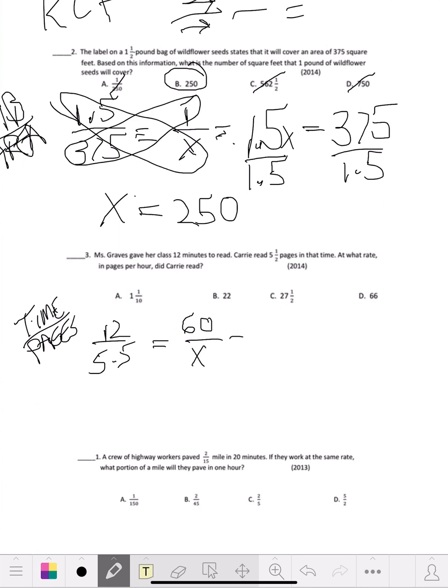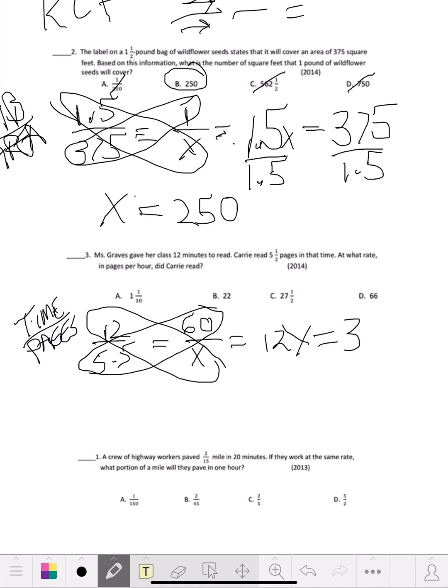So let's do this. We'll cross multiply again. So we get 12x equals 330. Now we've got to get x by itself.